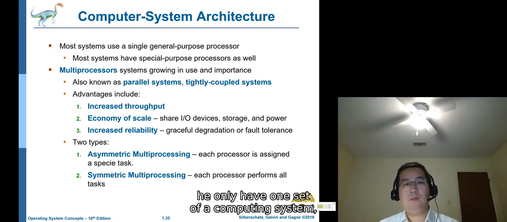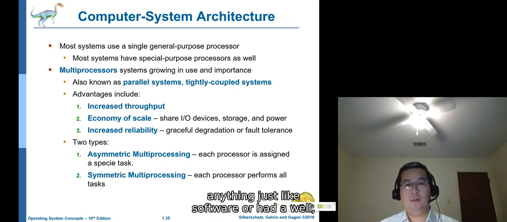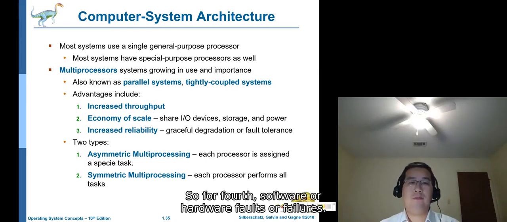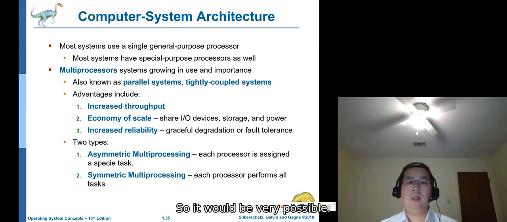If you only have one computing system and something happens due to hardware failure or even a power supply issue, or any software or hardware failure, this is very possible.